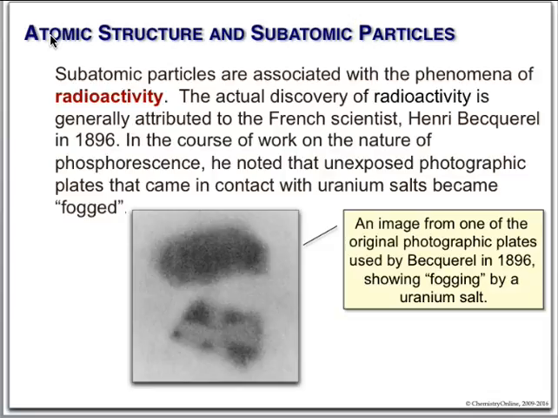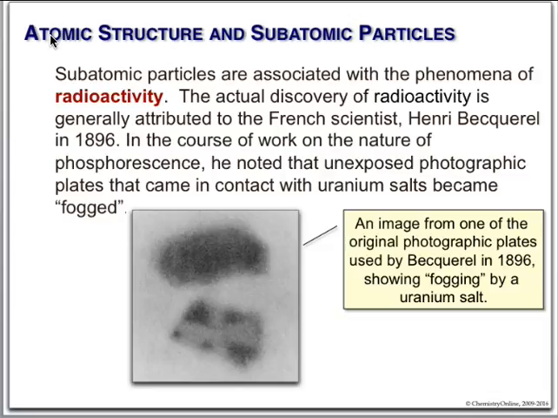Radioactivity was actually discovered many, many years ago. This is a plate from 1896. These guys were looking at phosphorescence. Phosphorescence is when things glow, okay? So they were looking at that, and as part of that, they used photographic plates.